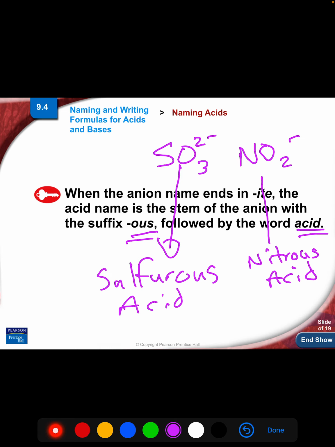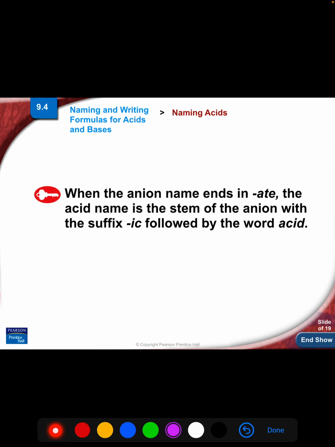And more commonly, anions ending in "ate," for example, nitrate, it's not NO2-, it's NO3-. We learned about how to name these when we were naming polyatomic ions. Or sulfate, which is SO4 2-. These become the "ic" acid.